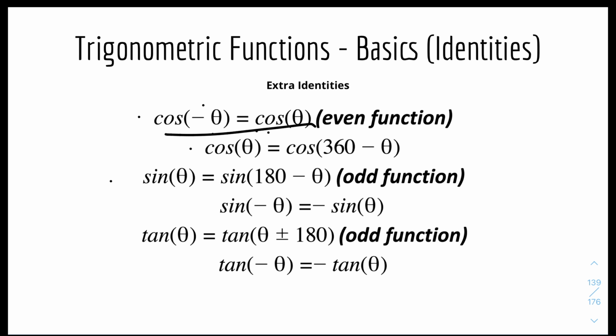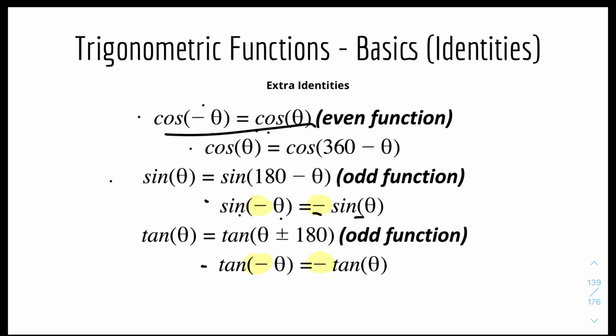And then I'll just skip through this first. And then we have sine, which is an odd function. So sine and tan are both odd functions. sine(minus theta) will be equal to minus sine theta, where you pull the negative symbol out, like this. And because they are not even functions, you have to take into consideration the negative.